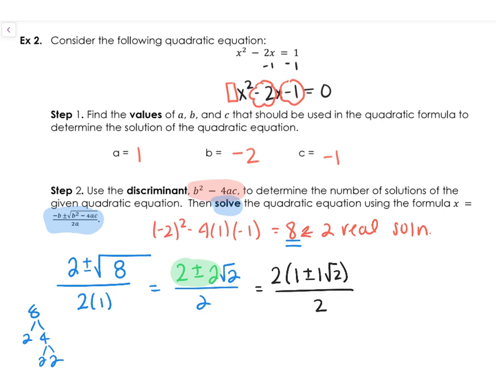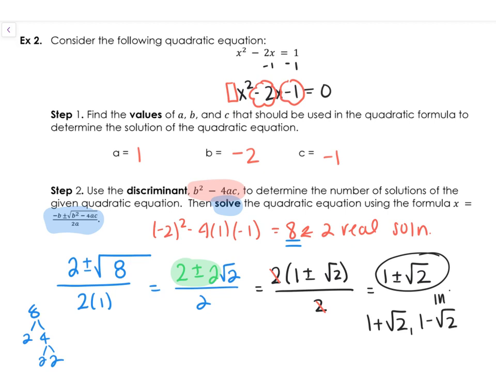And remember, I don't need to write the 1 because it's being multiplied. Now I can go through and cancel 2 and 2. So my answer is 1 plus or minus the square root of 2. And in Hawks, you have to write it separated, the plus or minus separated. So make sure you're aware of that.